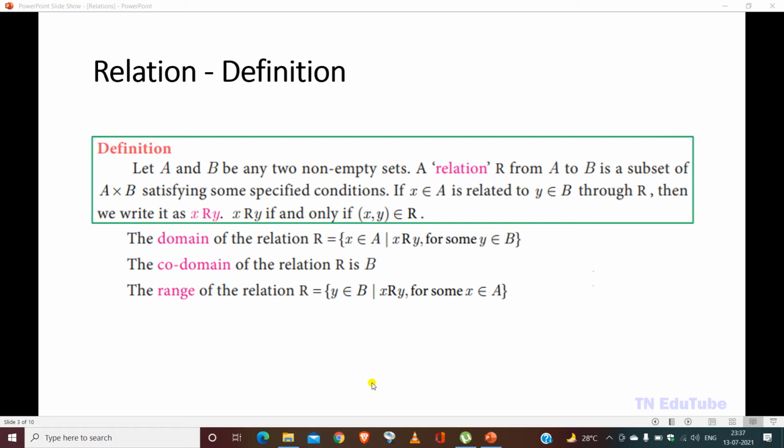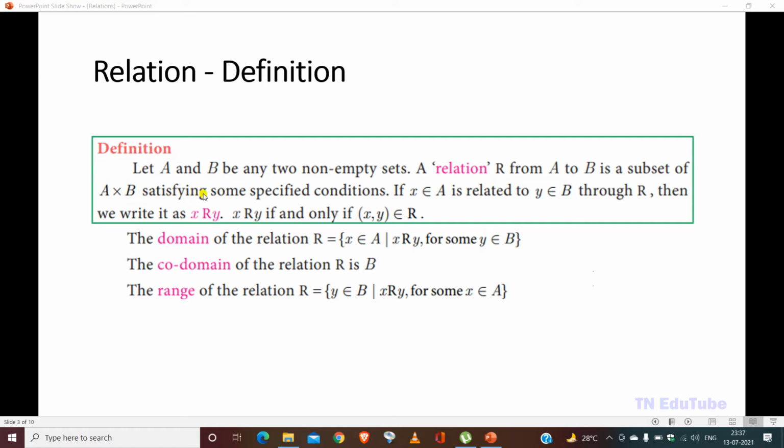See the definition of relation. Let A and B be any two non-empty sets. A relation R from A to B is a subset of A cross B. That is the first condition.